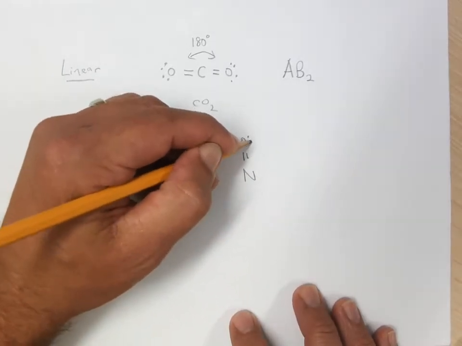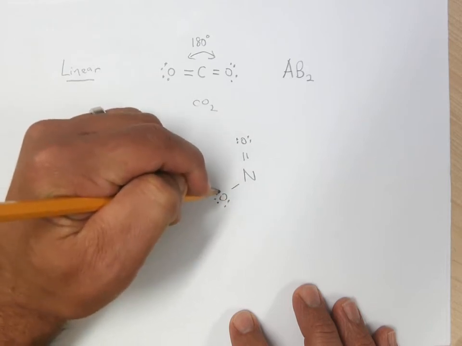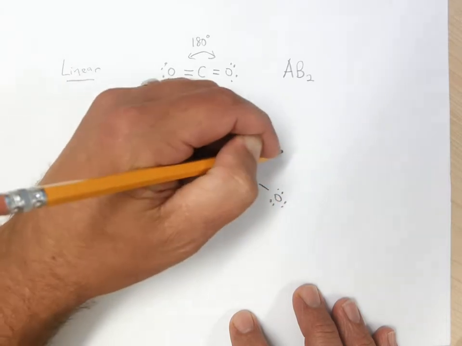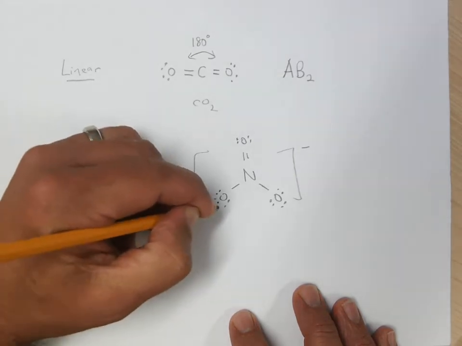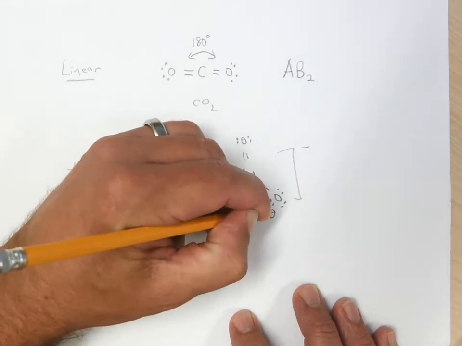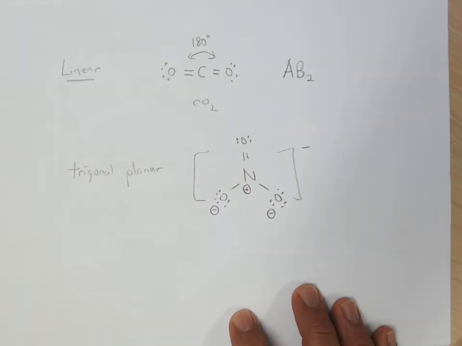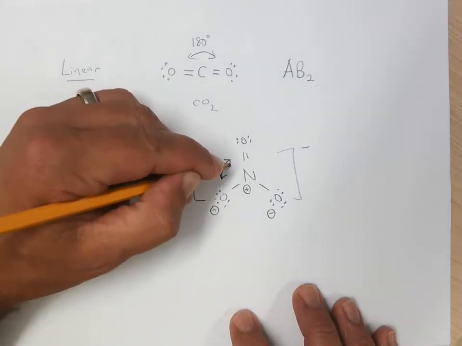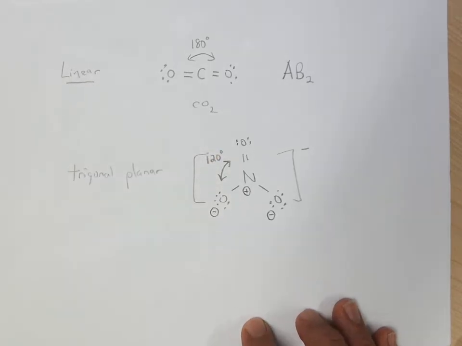In a previous video I did the dot structure for nitrate, and I'm going to make sure I put the overall charge of -1 and the formal charges of -1 to the singly bonded oxygen, plus to the central nitrogen, and there are resonance forms I'm not going to bother to draw in, but in the trigonal planar structure you get 120 degree bond angles.